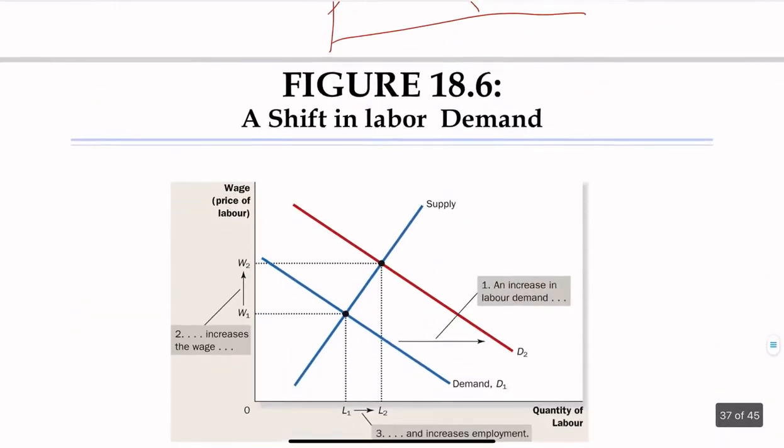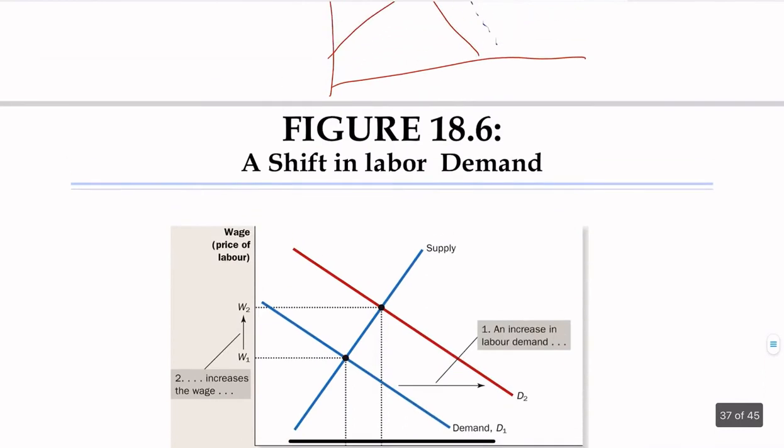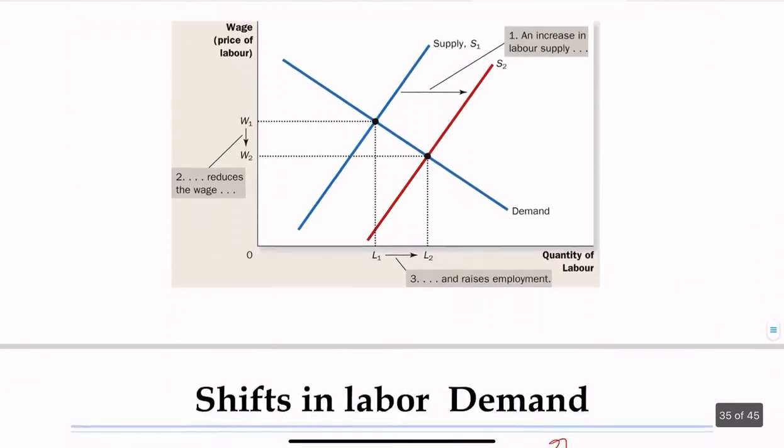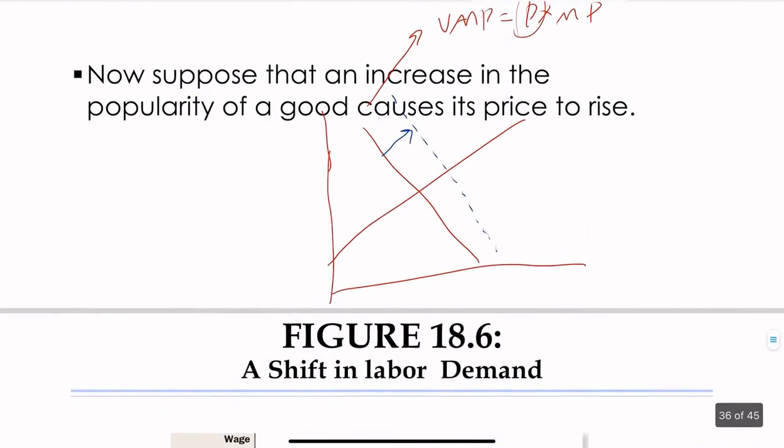However, you can see that we only discussed the shift in labor demand and the shift in labor supply separately. Obviously, you can see a more complicated question where both labor supply and labor demand will change. So in this example, labor supply increases and labor demand increases.